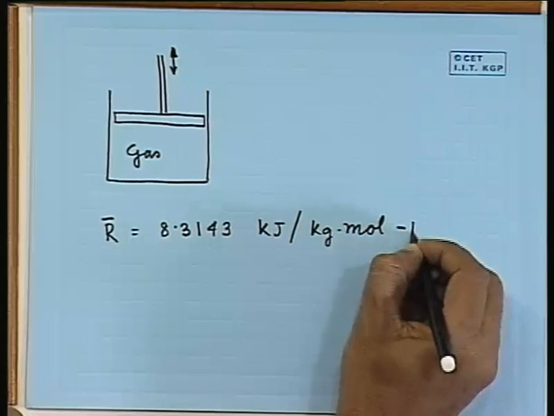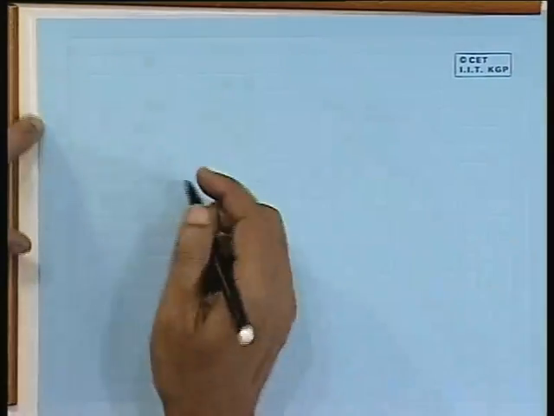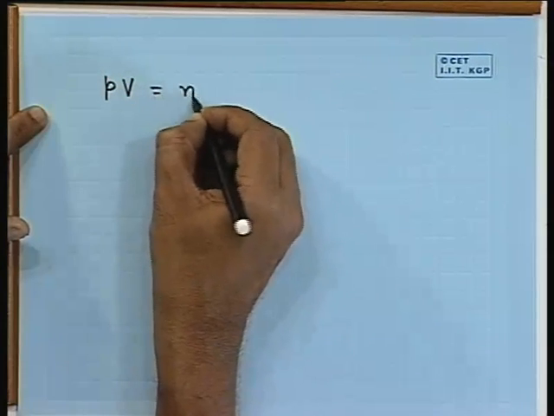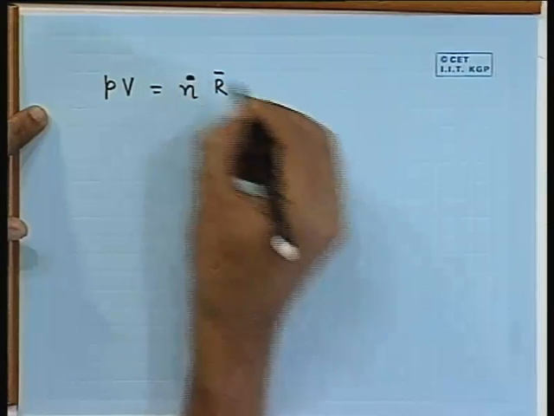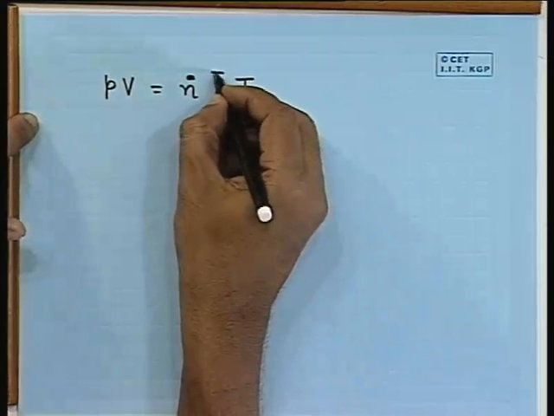This is the value of the universal gas constant. Then the law which I have written, that is PV is equal to nRT, sorry, nRT or nR bar T.